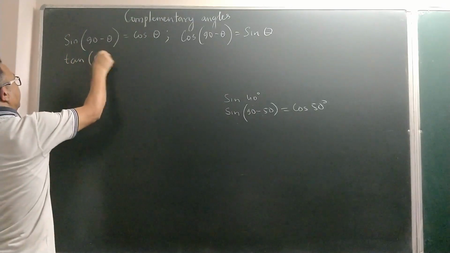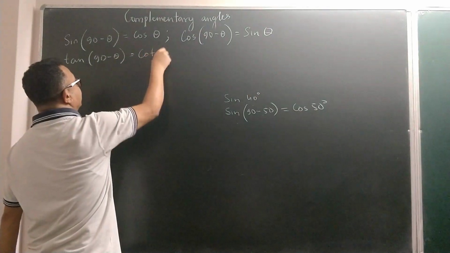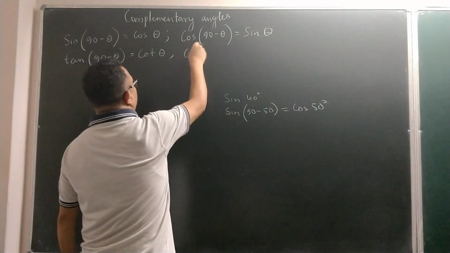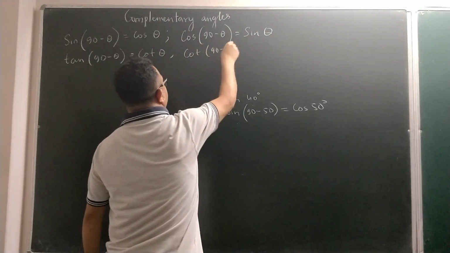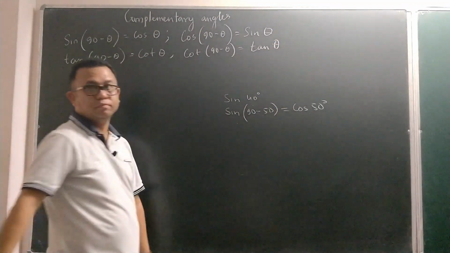In the same way, tan 90 minus theta is equal to cot theta. Then cot 90 minus theta is equal to tan theta. The same explanation can be given.